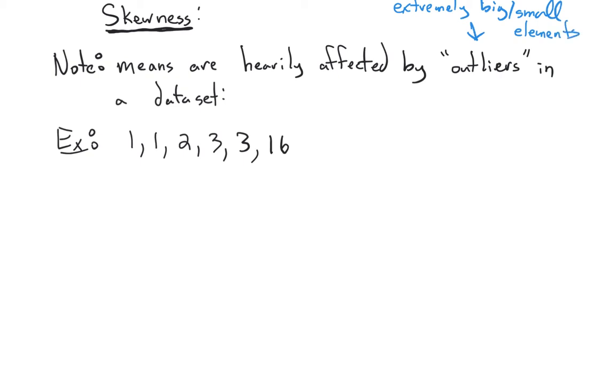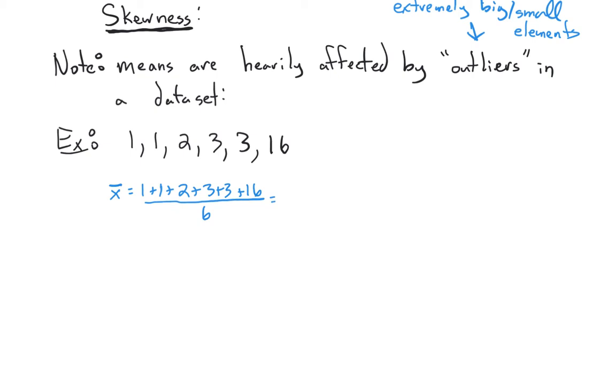And here's an example. Let's say I took a survey of the number of children in 6 different families. And I found that 2 families had 1 child, 1 family had 2, 2 families had 3, and there was 1 family that had 16 children. If we figure out the mean of this, that's going to be 1 plus 1 plus 2 plus 3 plus 3 plus 16 over 6 elements.